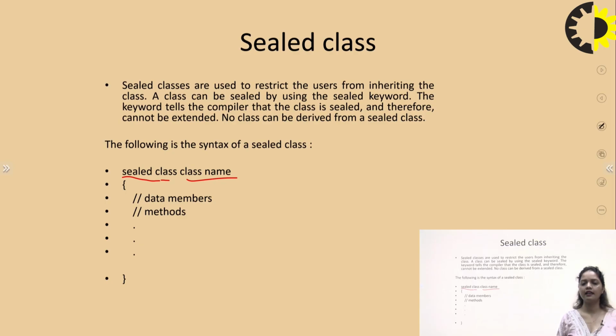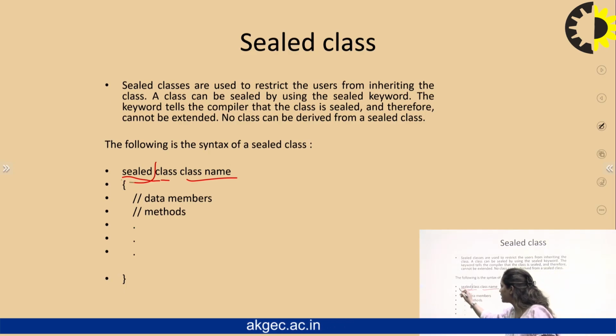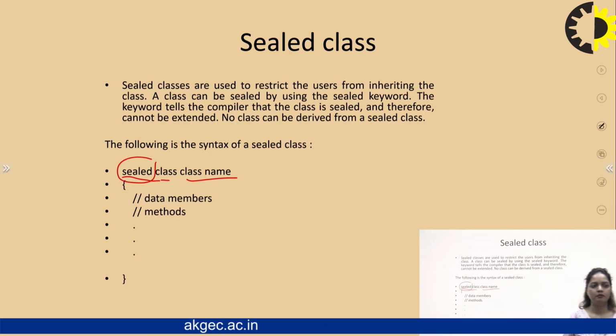No one else can extend this particular class except those child classes which are given permission by this sealed class. So sealed classes are used to restrict users from inheriting that particular class, and a class can be sealed by using a sealed keyword. If this keyword is missing in front of the class, then we are not able to use this particular scenario that I am discussing.